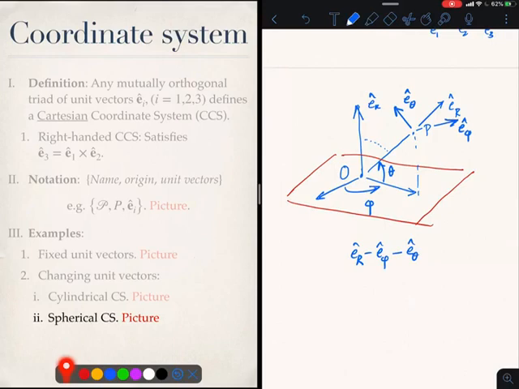Again I can identify this as E1, this as E2, and this as E3, and this identification you will find will be useful when we start computing. So here are some examples of coordinate systems.